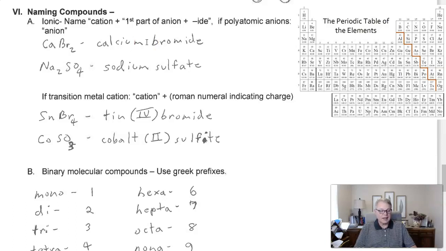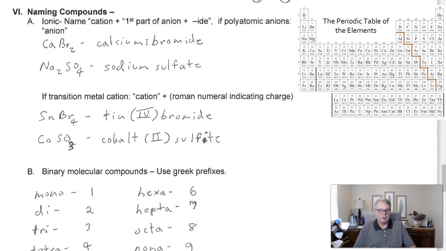So what it comes down to is if you put a Roman numeral after zinc or cadmium or silver, I probably won't count off, but technically they don't use the Roman numeral. All the rest of your transition metals, we'll say it that way, use your Roman numeral. All right? No Roman numeral for group 1, group 2, NH4+, or aluminum.